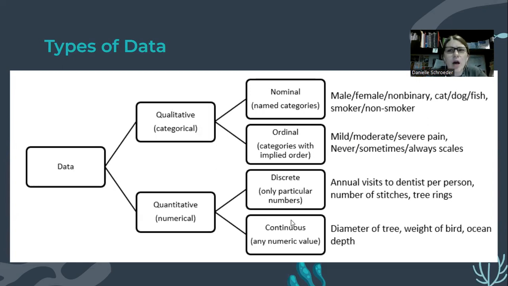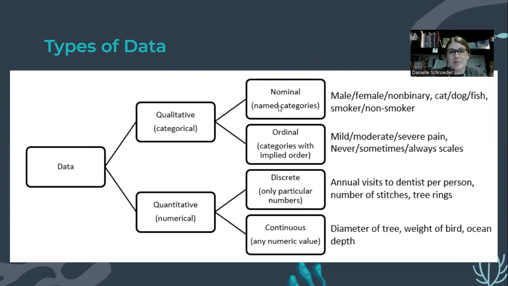But when we think about color, let's think about color for a second. Is it quantitative or qualitative? It is definitely qualitative, right? This is a quality that we're measuring. And are these named categories or categories with implied order? Okay, color, there's not necessarily an order for color, so it's a nominal option, right?